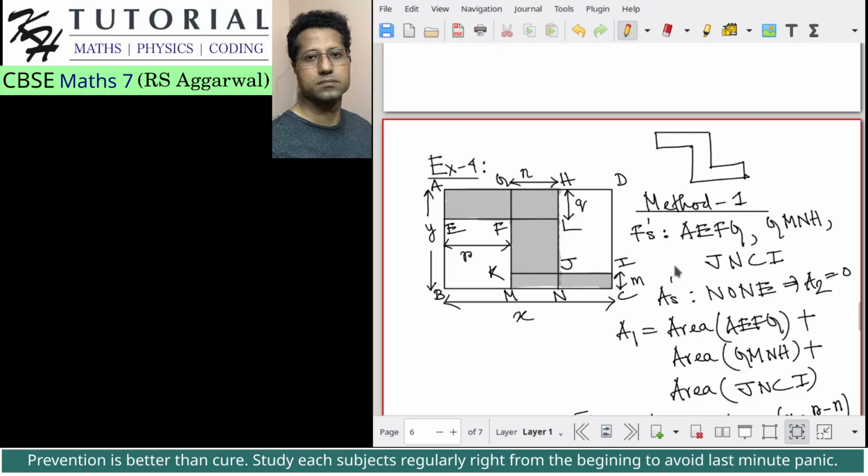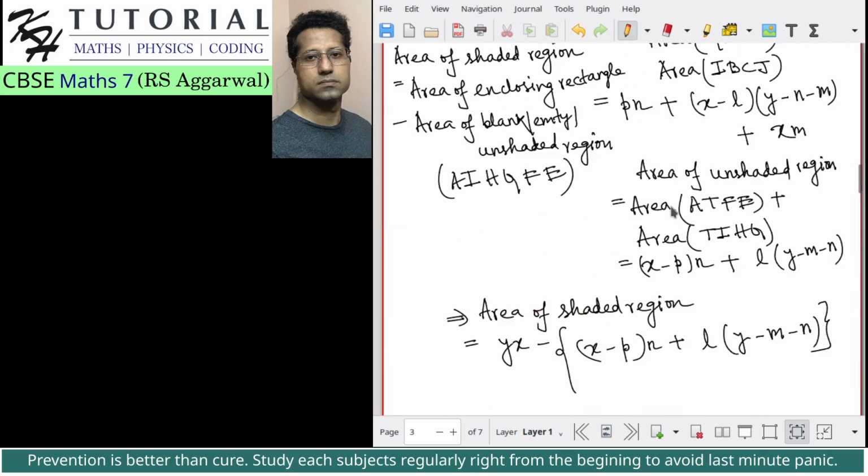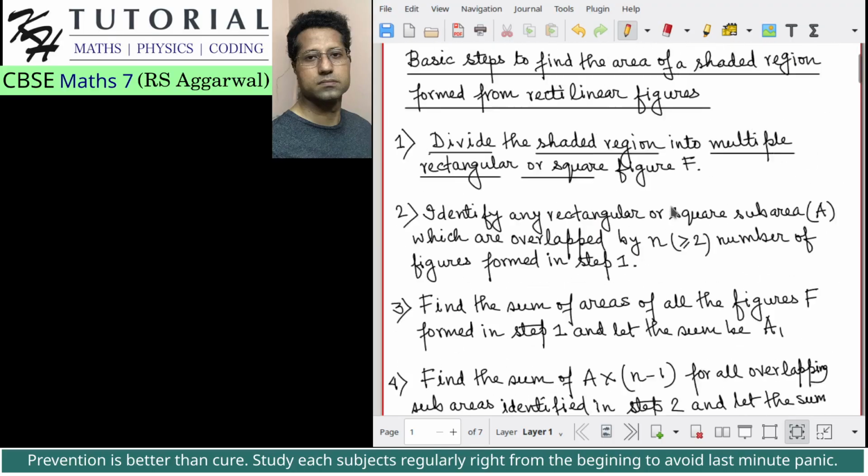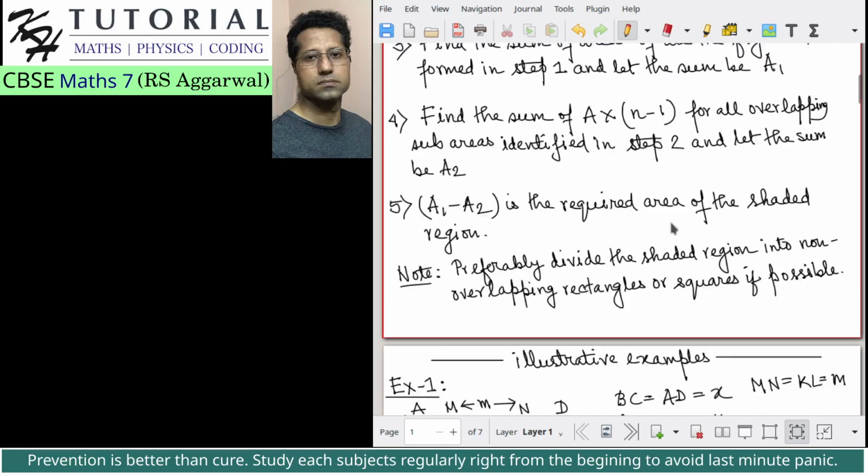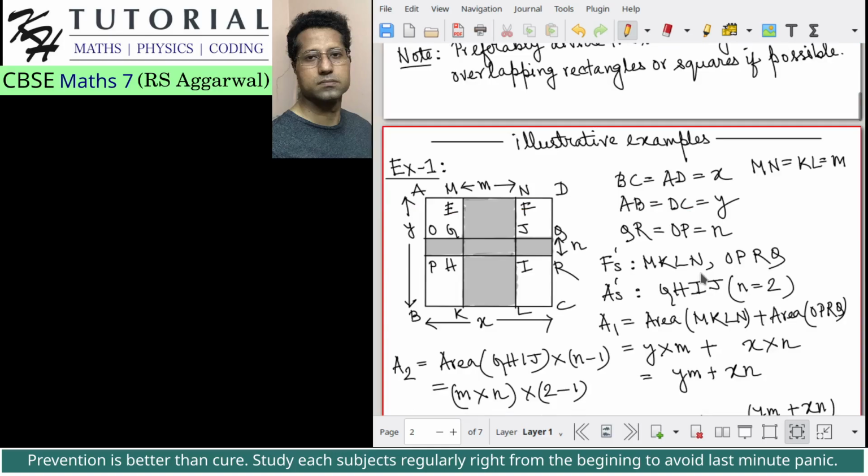Sometimes it is easy to directly divide the shaded region into rectangles and squares and apply the steps that I have discussed, or in some problems it will be easier to find the area of the unshaded region and subtract it from the area of the enclosing rectangle. In most problems, you can easily form the enclosing rectangle of the given shaded region.